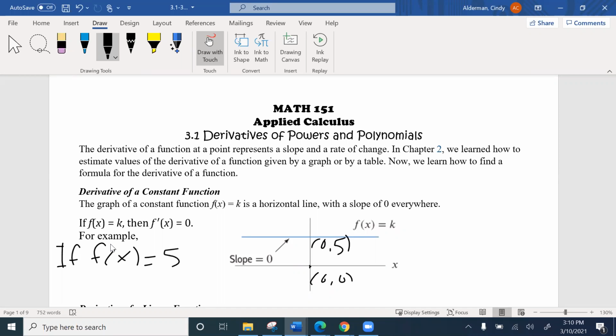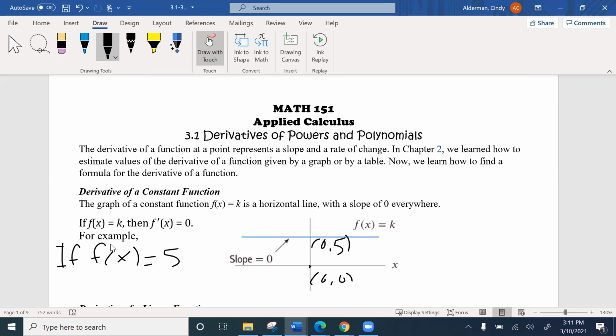So what is the slope of a horizontal line? Anybody? What's the slope? It's 0, right? So what is a derivative? It's the slope of a function. So the derivative of a constant function will always be 0, okay?